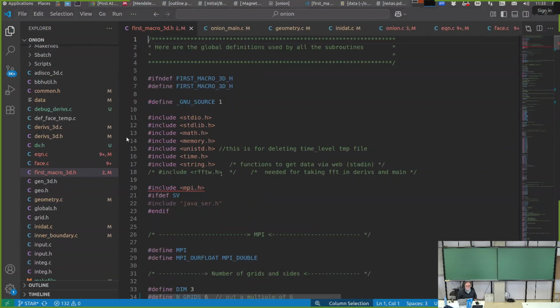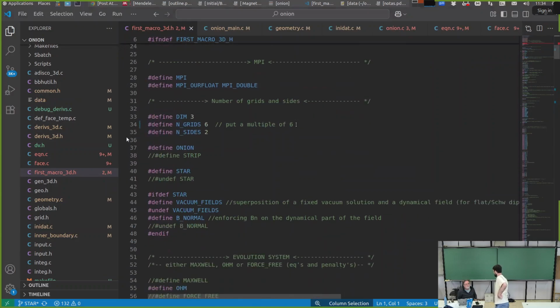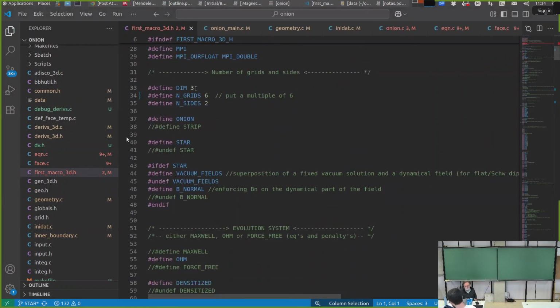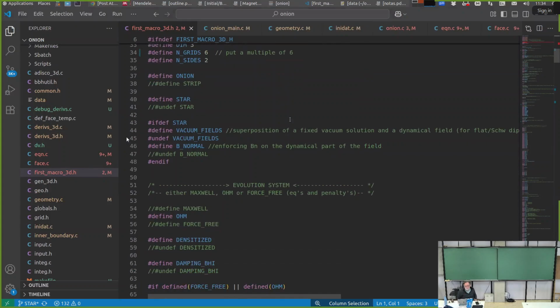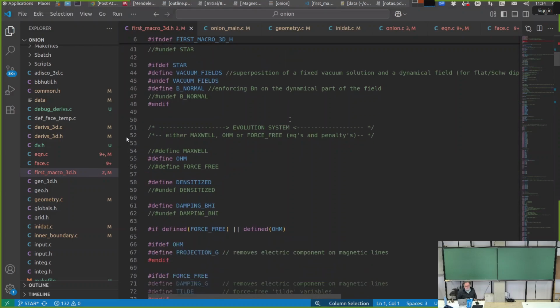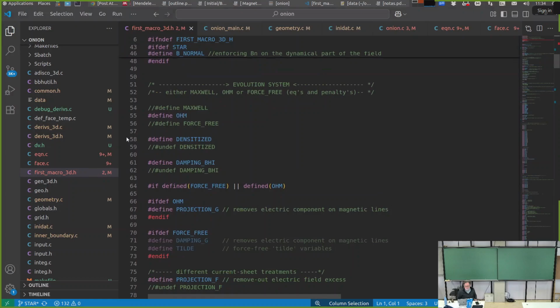So there are two ways to modify the conditions of the code. One is at the compilation stage, by changing some parameters, some macros defined in this file. Here, you define the number of grids. You define, for instance, the particular theory you want to evolve, because I keep the original vacuum Maxwell theory, or you can have two versions for free.